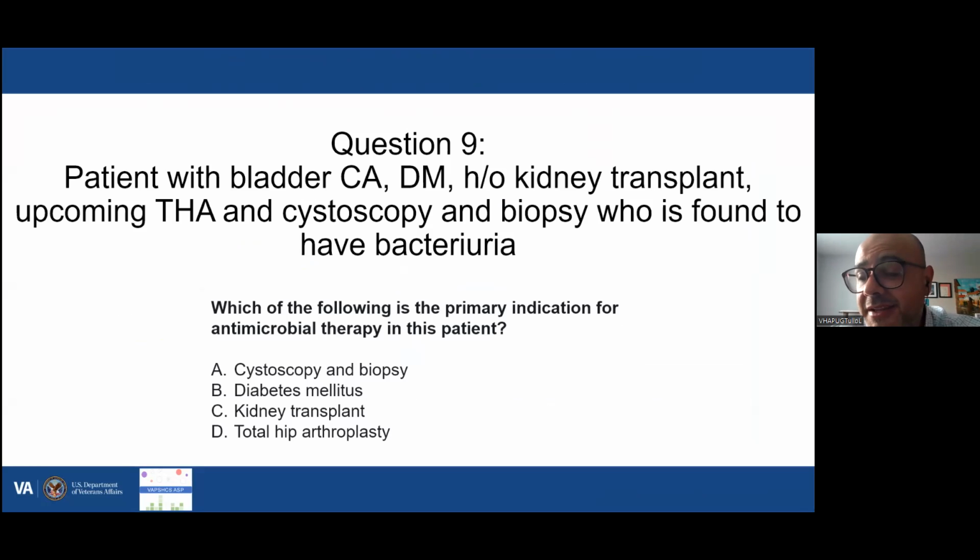For kidney transplant, the transplant guidelines will tell you that you could treat them if they're within their first month of transplant and have asymptomatic bacteriuria. But the IDSA guidelines don't really talk about it. So that's something that you could do. It's reasonable. I don't do it, but other people can. So yeah.